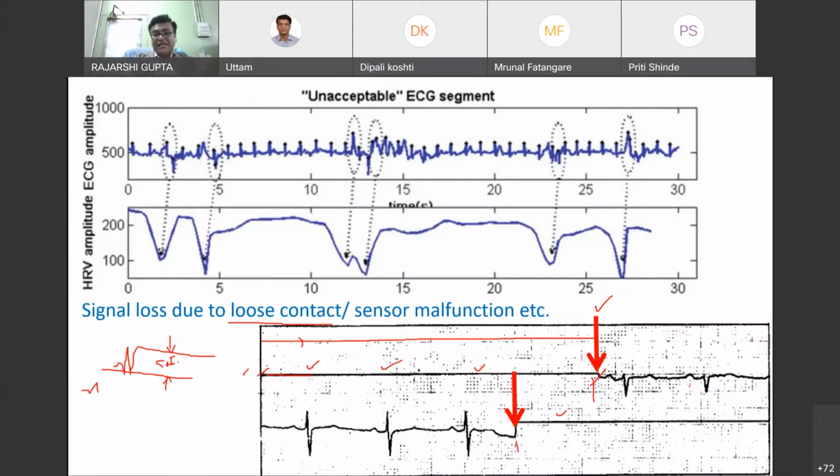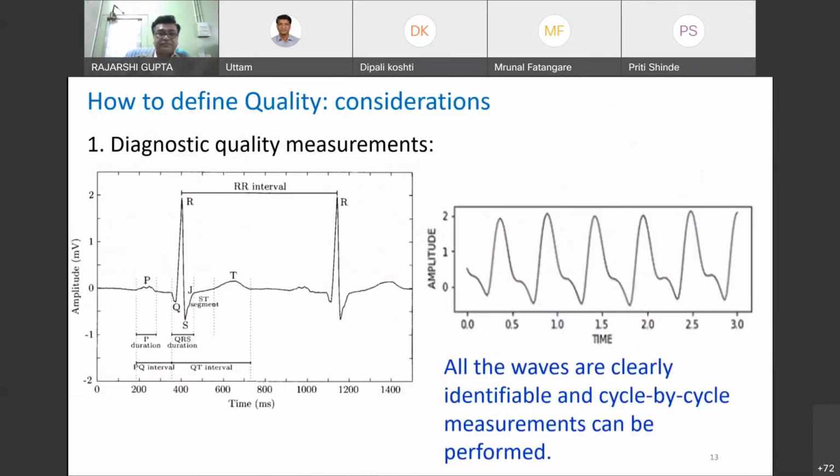My point is that before that you need to assess whether there is any loose contact or sensor malfunction in the signal, because from a flat segment what you will get is basically garbage. It is not a true representation of the signal. Got my point? So let us proceed.